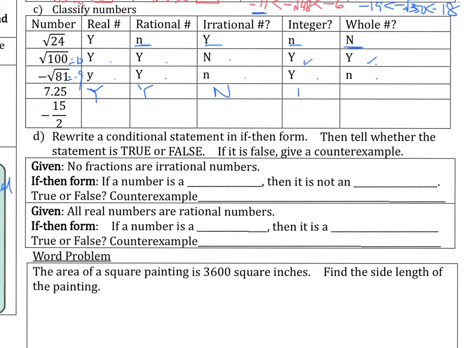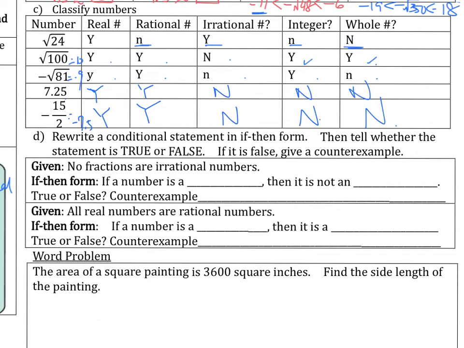Integer, nope. Whole number, no. Negative 15/2, is that a real number? I want to say yes. Rational, yes. Irrational, no. Integer, no, because negative 15/2 is actually negative 7.5. It's a decimal number. It's not an integer. If it's not an integer, it's not a whole number.